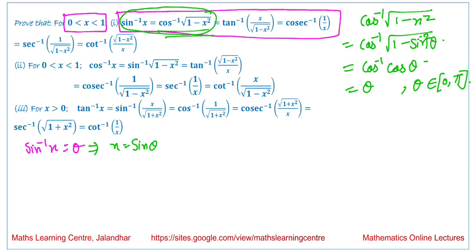Theta belongs to 0 to pi means the value of x belongs to minus 1 to 1, and it is given in this question that 0 is less than x is less than 1.